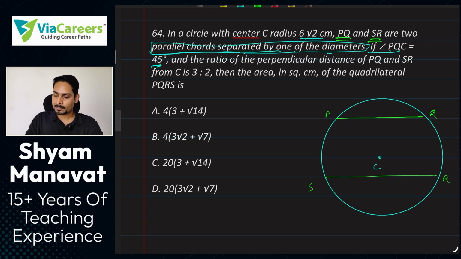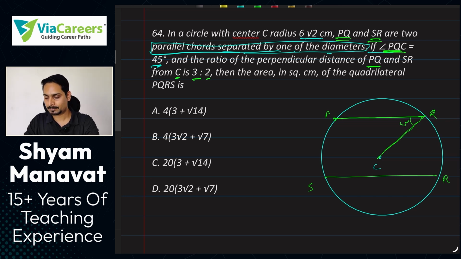Now here it says angle PQC is 45. So PQC, angle P, Q and C. So let me join this QC to make the angle. This is 45 degree. And the ratio of perpendicular distance of PQ and RS from C is 3:2.